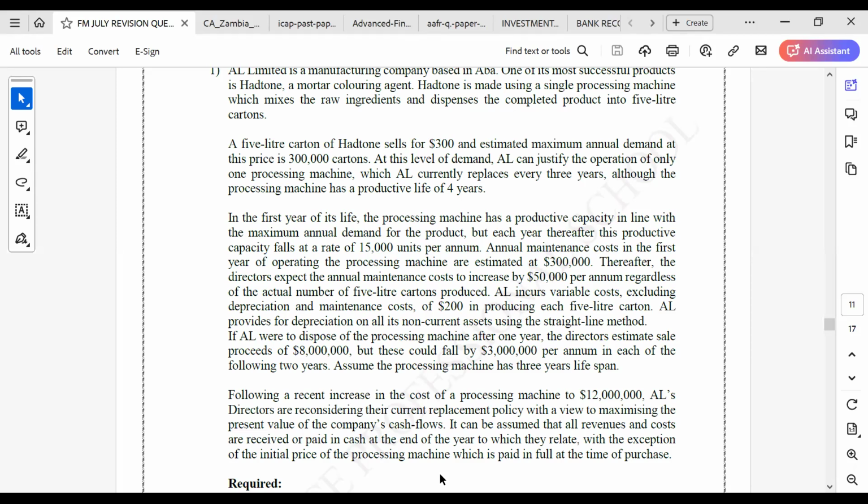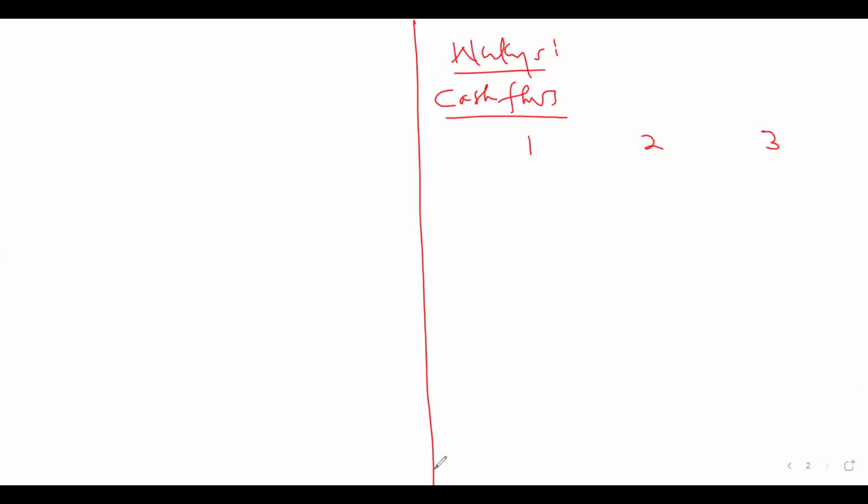Forget about the maintenance cost. The variable cost per carton? It's 200. So what will be the contribution? 100. So we can have our contribution of 100 over here, for years 1, 2, 3.